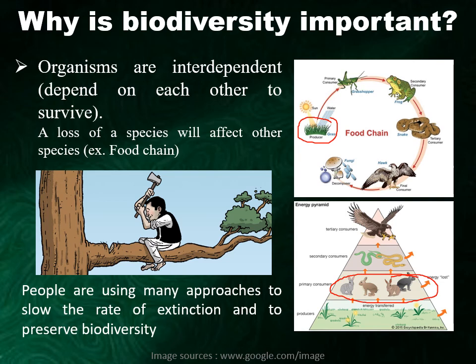So with increasing use of biodiversity, with increasing affecting the biodiversity, the biotic bodies of the world, we are basically cutting these chains, and after some days this entire chain will collapse, and along with other organisms we also face the same fate, that is, we are also going to be extinct.